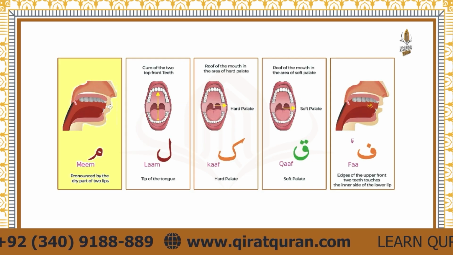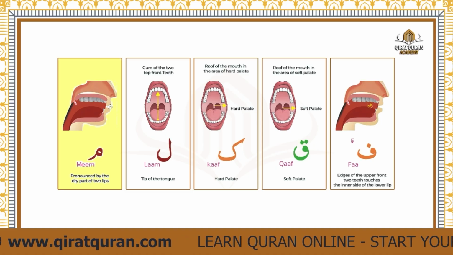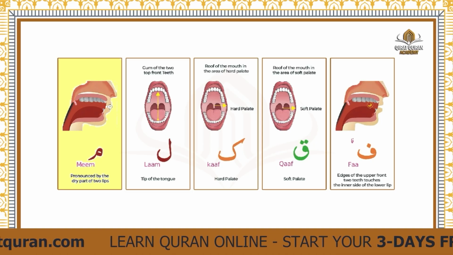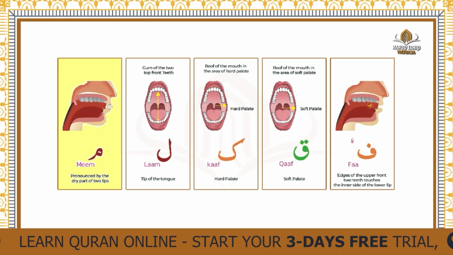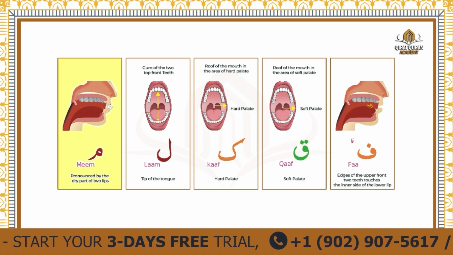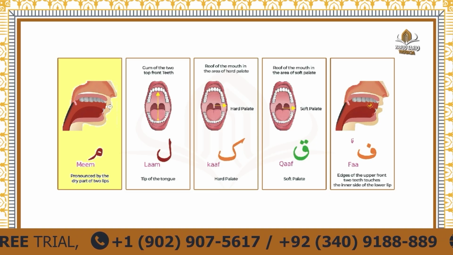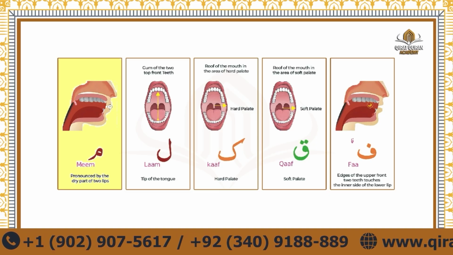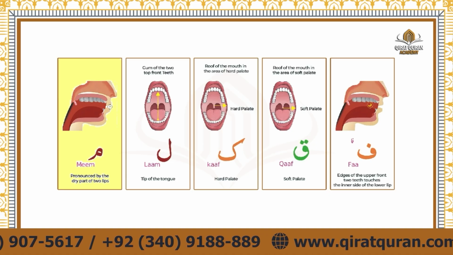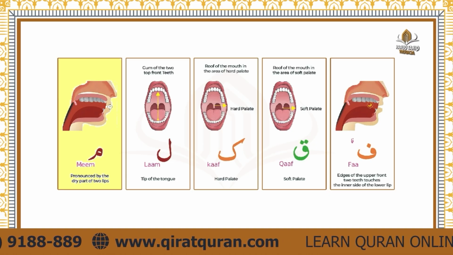Now the origin of letter mim is the dry part of two lips. You have to pronounce it by the dry part of two lips. When the dry part of your two lips meet one another, that's how you can easily pronounce mim.